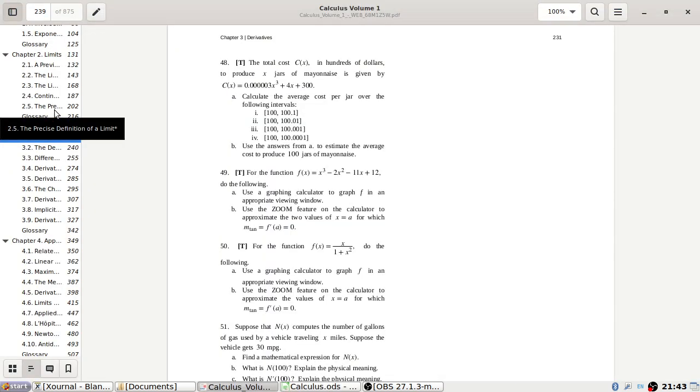This doesn't make sense. The total cost in hundreds of dollars to produce x jars of mayonnaise is given by that. So this is in hundreds of dollars. Calculate the average cost per jar over the following intervals.